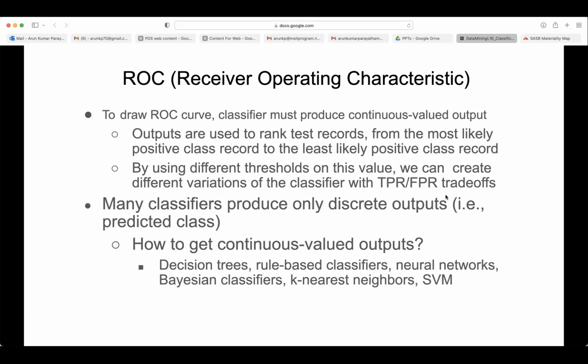You want to catch all positives, and they are very small in number. So you may make more type 2 errors, but it's okay, because your recall should be high. So this threshold is adjusted according to whether you want a higher true positive rate or a very small false positive rate.